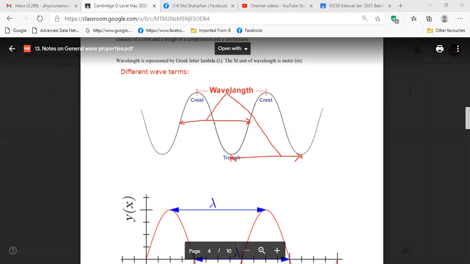All these are wavelengths. So only this diagram, this diagram only you sent in our group. We labeled wavelength in three ways, right? Crest to crest, trough to trough, and starting of the wave to the end of the wave.